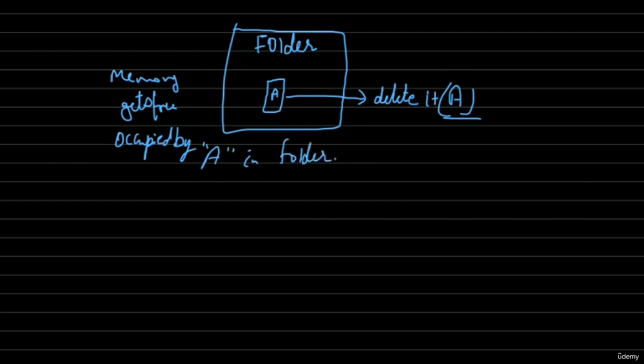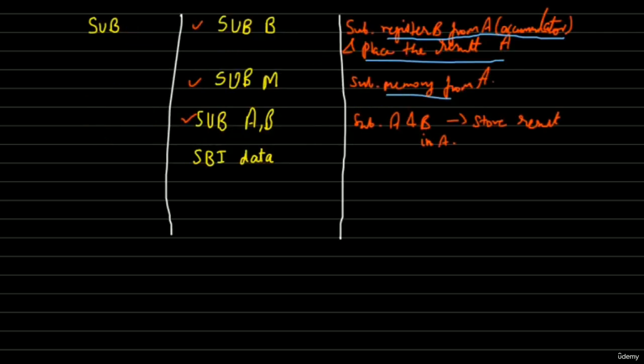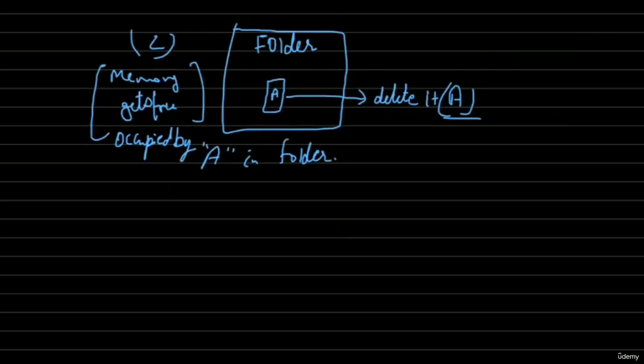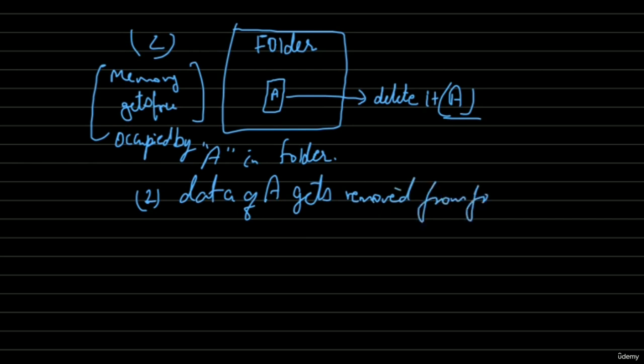So this is the first thing. And the second point is that the data of A gets removed, obviously removed from the folder.